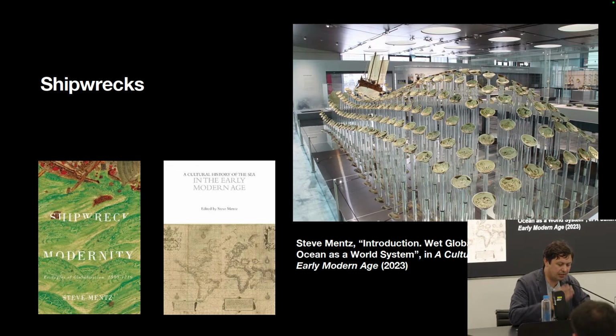And in the introduction to the book, he talks about this idea that he has developed, which he calls wet globalisation. And I quote from him: "Shifting our attention from firm ground to the unstable fluid covering most of our planet's surface emphasizes that many events in the age of discovery and empire emerged through forces and encounters that were largely beyond the control of individual humans.